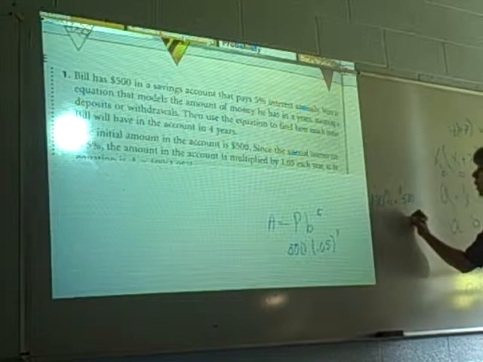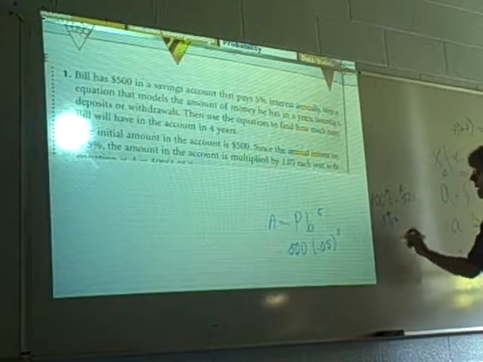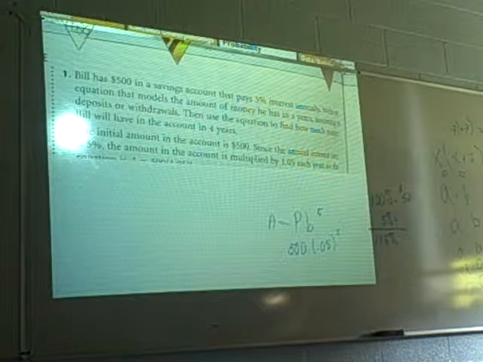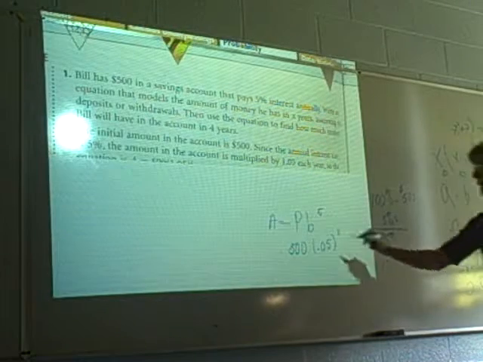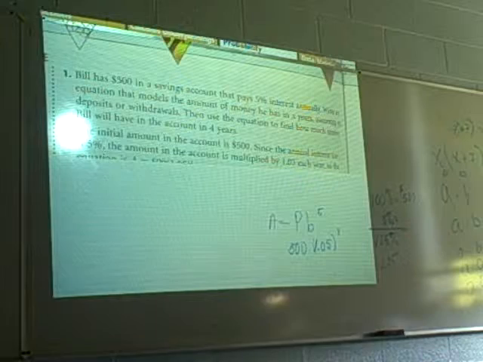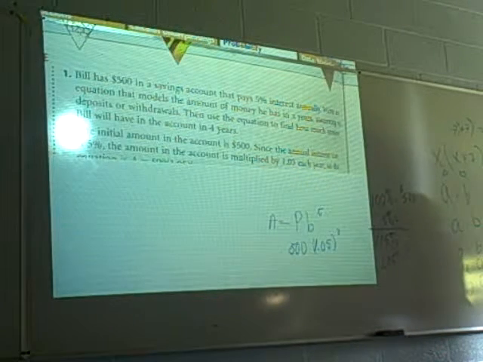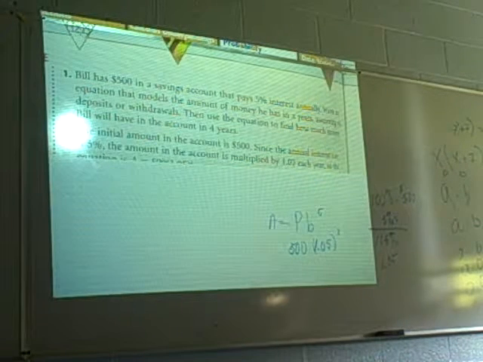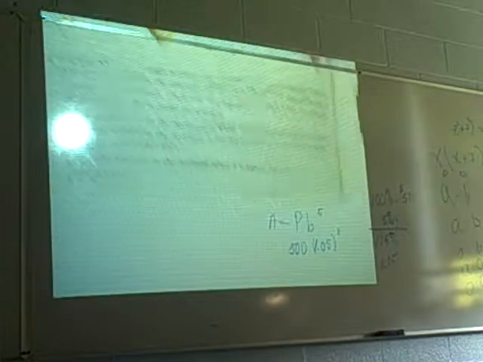He's going to get 5% more, so 105% will be in his account, or 1.05. So you need to make sure that you remember that things are growing. You have that money, and 5% more is going to be in the account, so it will be 1.05 that you're using.